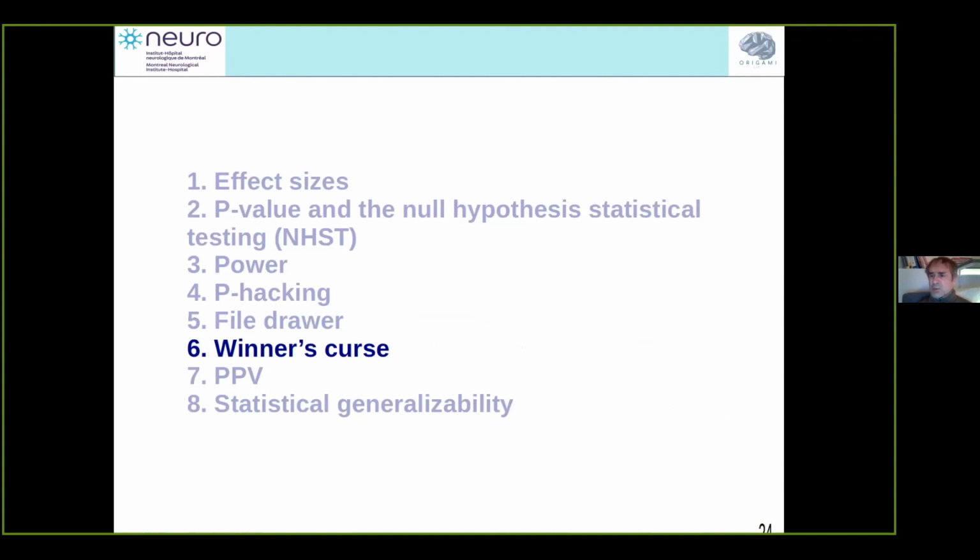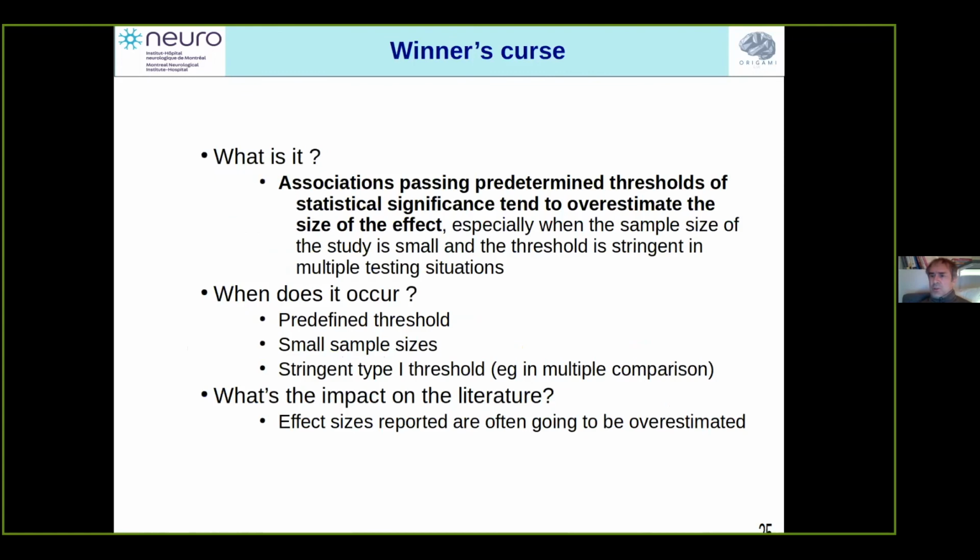I also would like to define what the winner's curse is. The winner's curse is the situation where you have a predetermined threshold, where you will say that there is a statistical significance when p is less than 0.05 or 0.001 and so on.